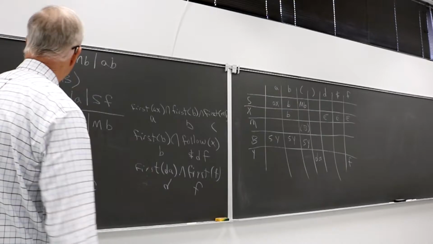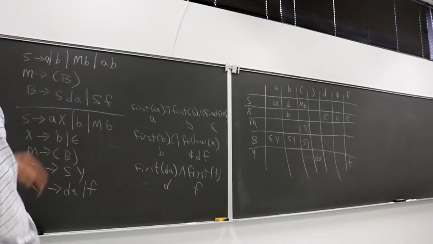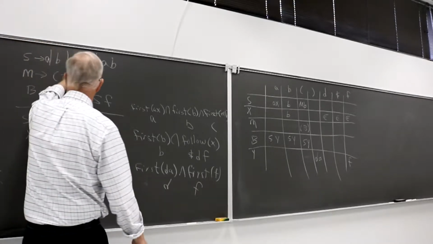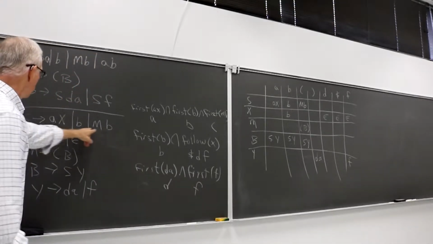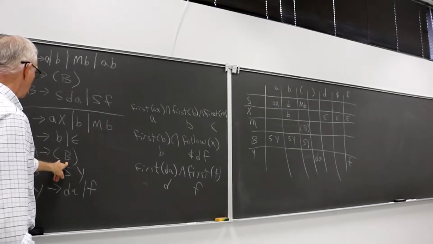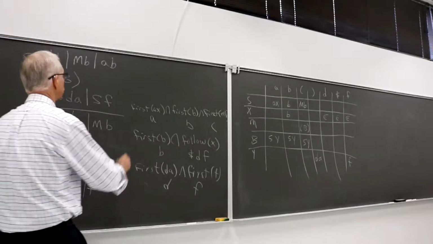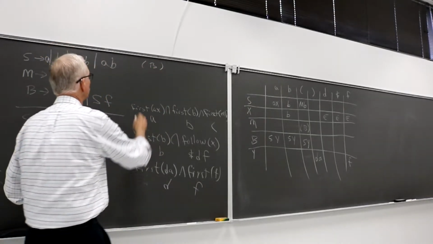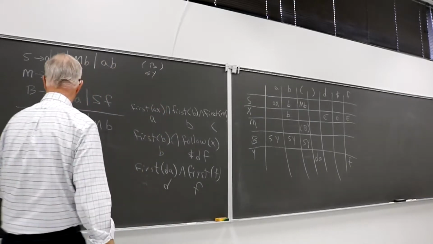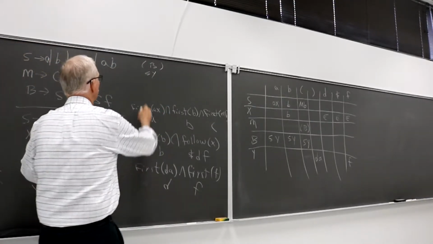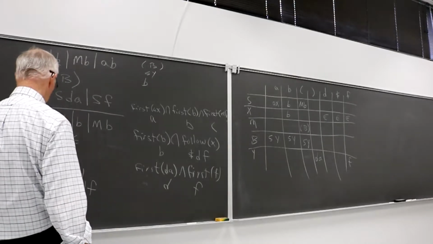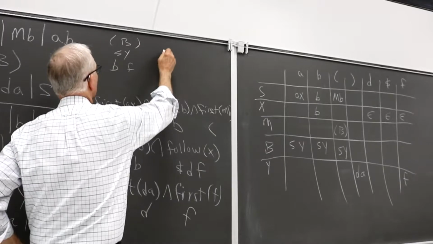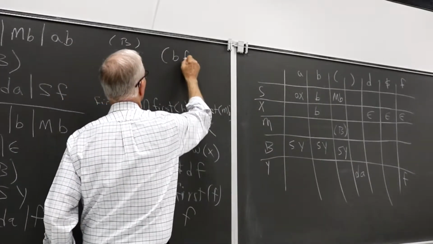All right, so now we can parse. So what does this generate? S generates an MB, so it generates paren B paren, B generates SY, S generates B, Y generates F. I claim maybe paren B F paren.